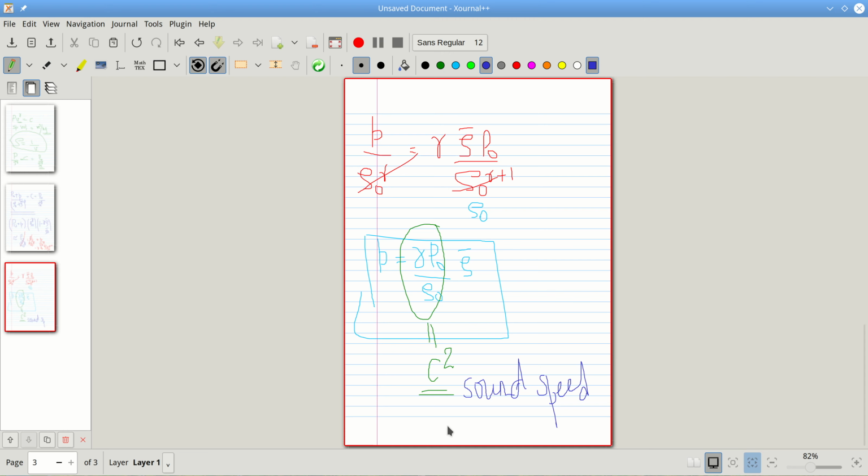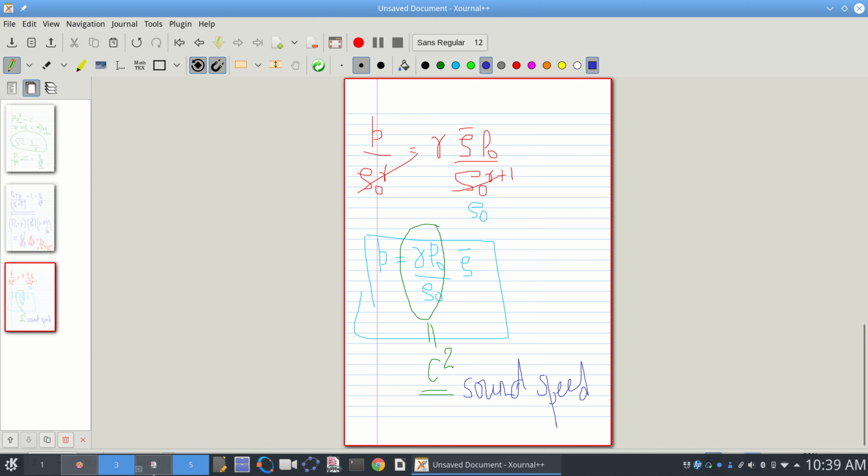So this depends on what P naught and rho naught are. Typically, the pressure at normal atmospheric pressure at sea level is about 1 bar, slightly over 1 bar, and rho naught is about 1.2 kg per meter cube. If you calculate this, it turns out c is about 343 meters per second. So this is the key indicator that you have to keep in mind.